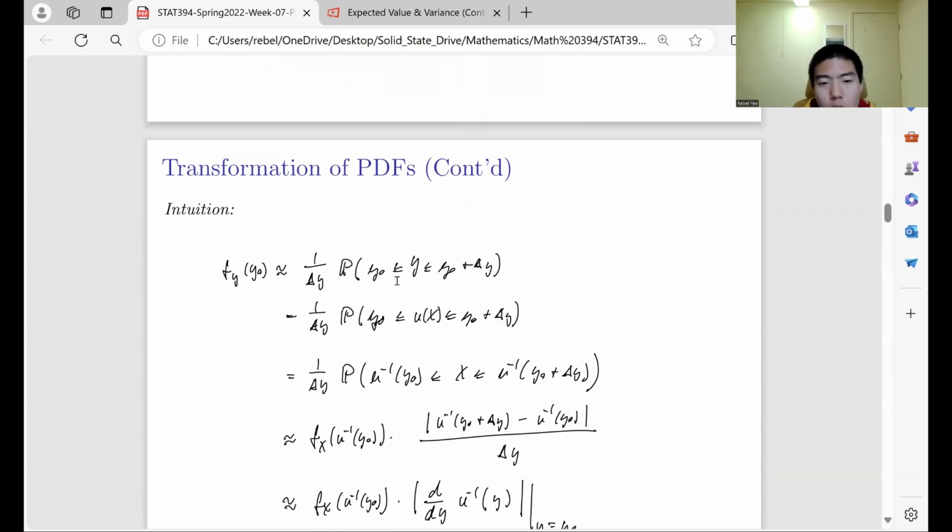It's very intuitive. And y equals U(x), so we do a function composition with U inverse. Then it's U inverse of y smaller or equal to x smaller or equal to U inverse of y plus delta y.